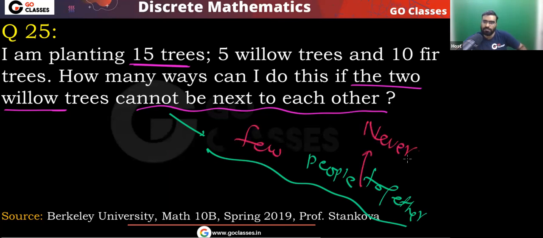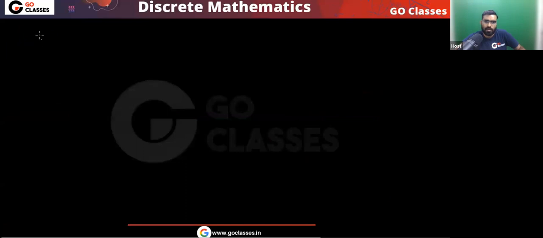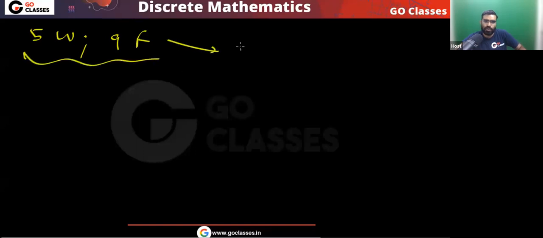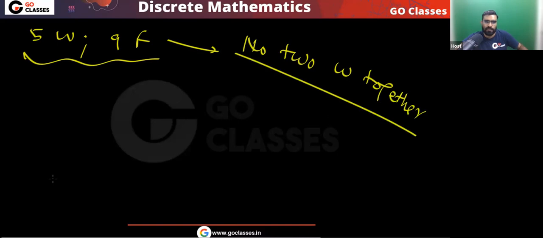This template we have actually seen. What you will do is very simple. Willows should not be together. You have 5 willow trees and you have 10 fir trees. And remember, no 2 willow trees can be together. No 2 W together. So the answer will be what?